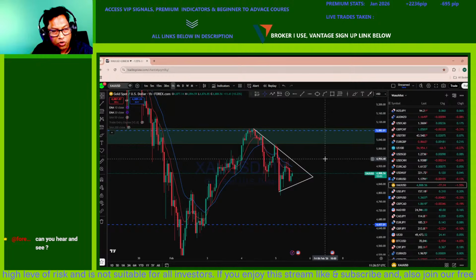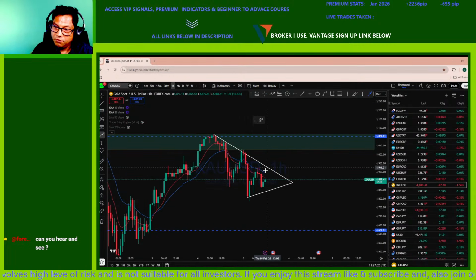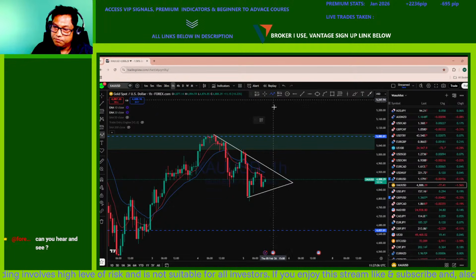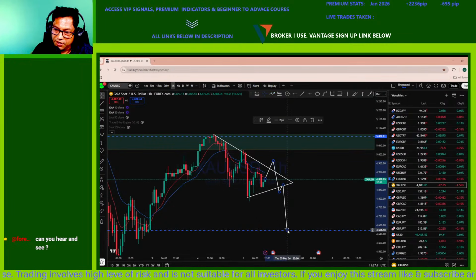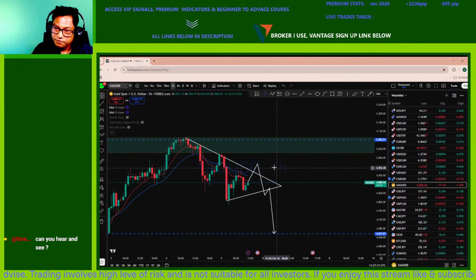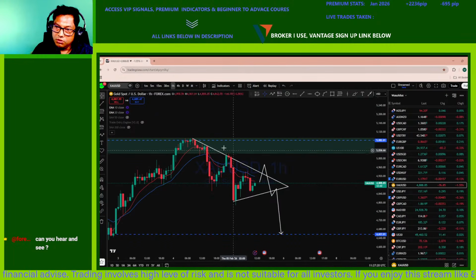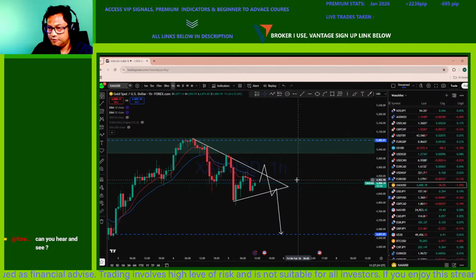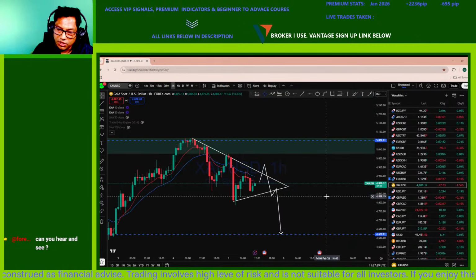But before it breaks below, what you want to see is the market eventually break above, so that you can see the price has broken off the trend line and then trended back below to the support level. So this is what we can see in this area, that there is a trend line that we can spot here.